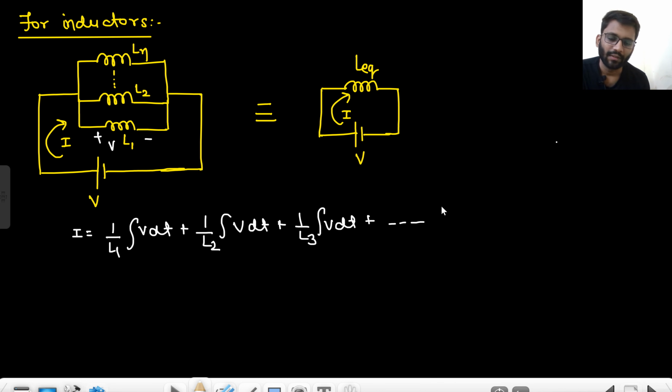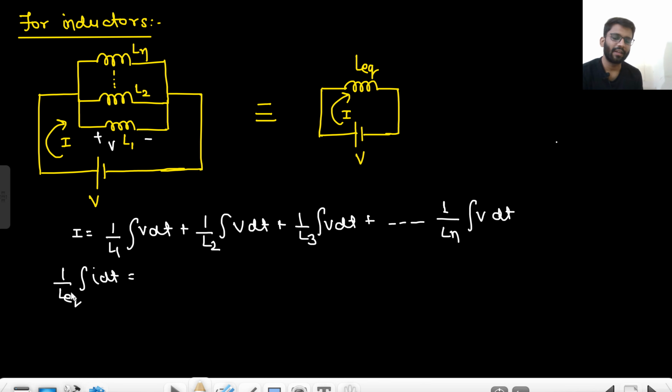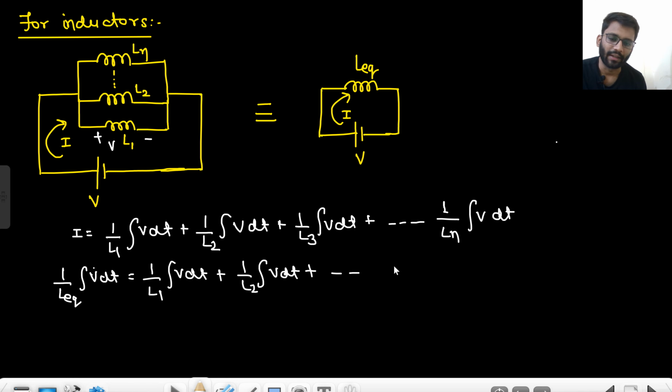It goes on like this up to 1 by Ln V dt. So what will be I? I will be 1 by L equivalent integration I dt. Sorry, for this circuit it would be V dt, not I dt. So 1 by L1 V dt plus 1 by L2 integration V dt, and it goes on up to 1 by Ln integration V dt.